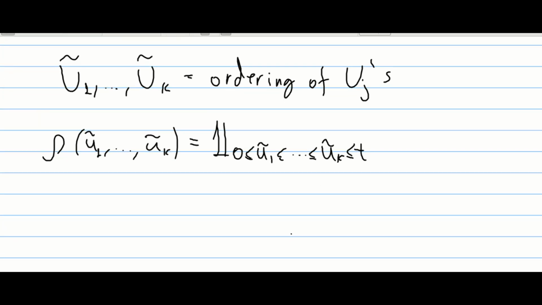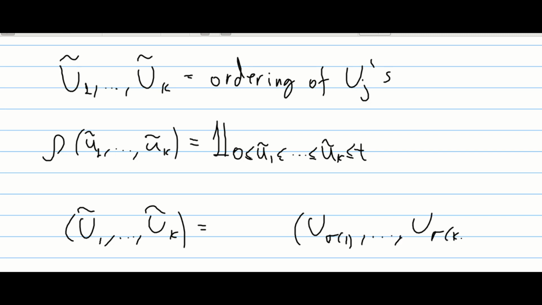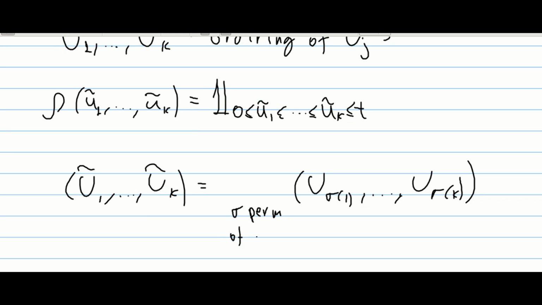You know that we can write this vector u tilde 1, ..., u tilde k as the vector u sigma 1 up to u sigma k, where sigma is a permutation of 1 to n. Okay, but which permutation do we use?